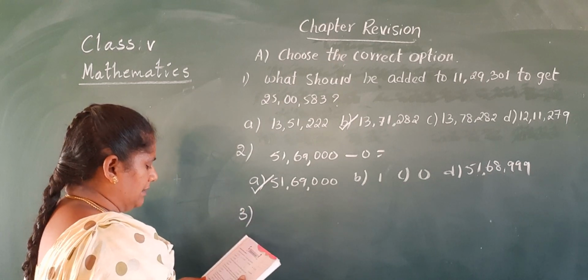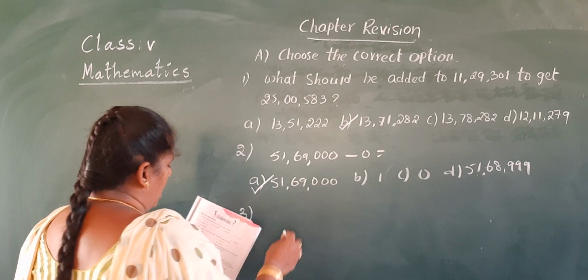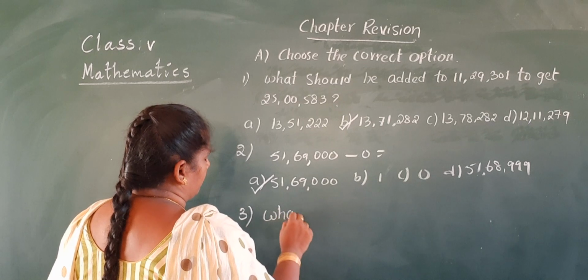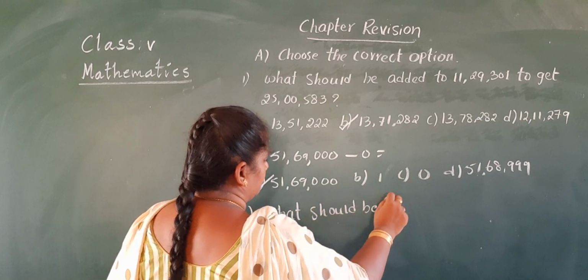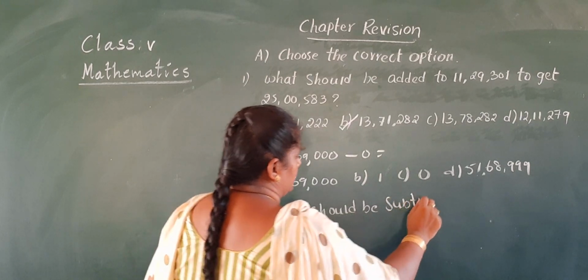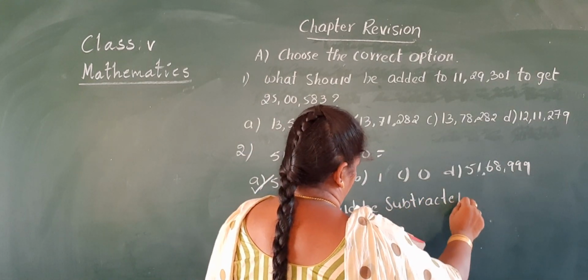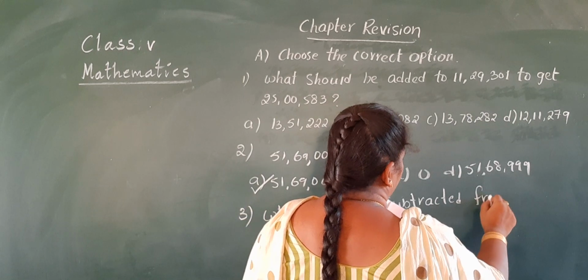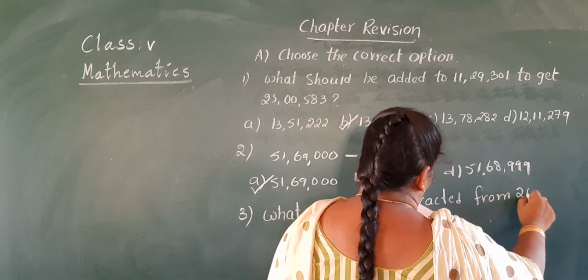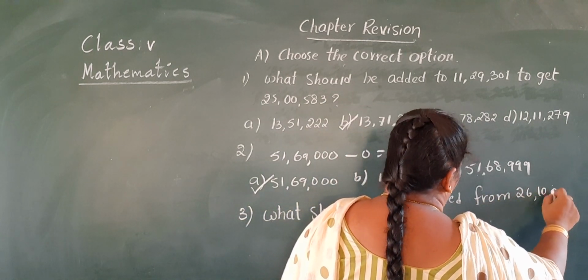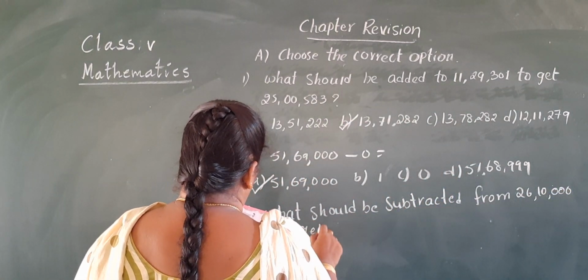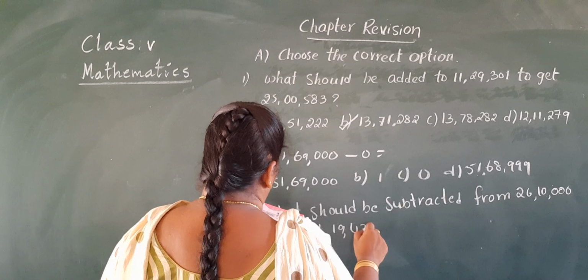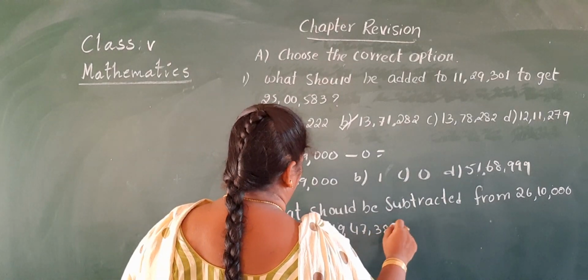Now number 3. What should be subtracted from 26,10,000 to get 19,47,385?